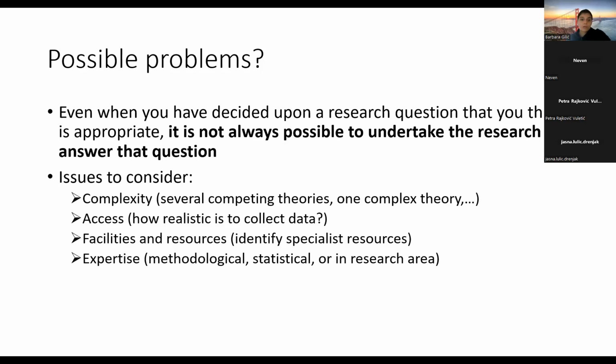Also, you should aim to have an expert in your team, or your own expertise, in the methodological and statistical area, because sometimes I see papers which come to me for review that are actually quite good, interesting and relevant for the scientific field, but they didn't use appropriate methodology, and the statistical analysis was done very poorly, and that's why those papers are often rejected, even though the research question and the research topic are very relevant and important.